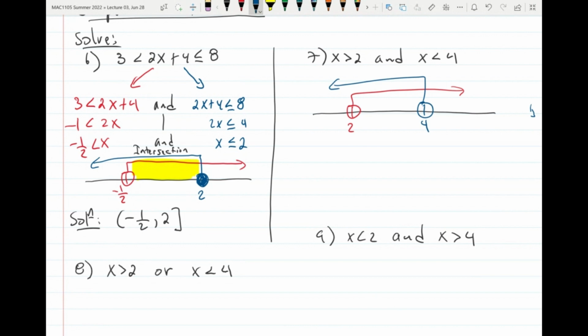And because we have the word and, what are we supposed to do? We need to look at the intersection. So what's the common region here? So between 2 and 4, right? So the solution here would be 2, 4. Parentheses around.